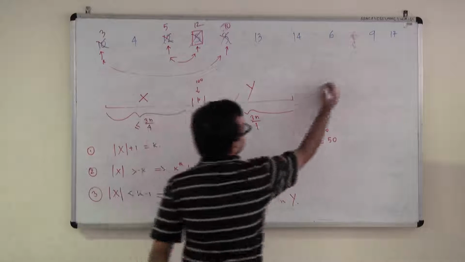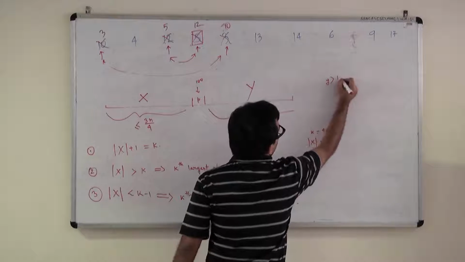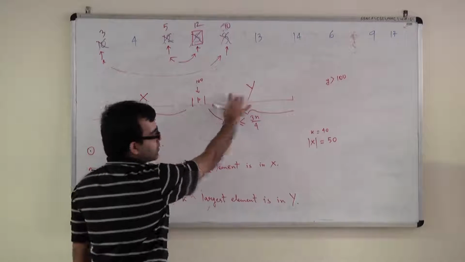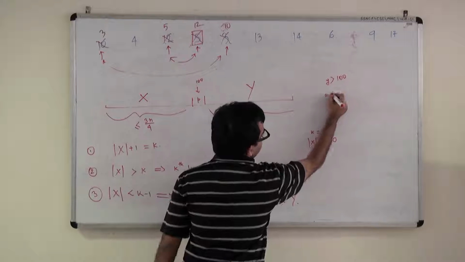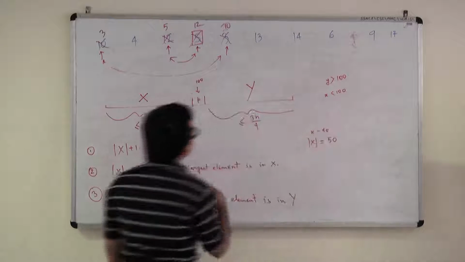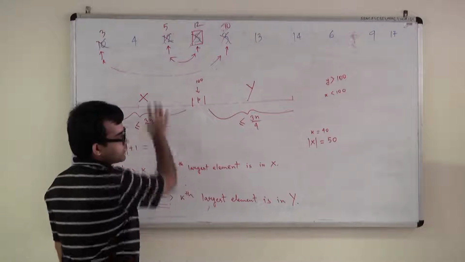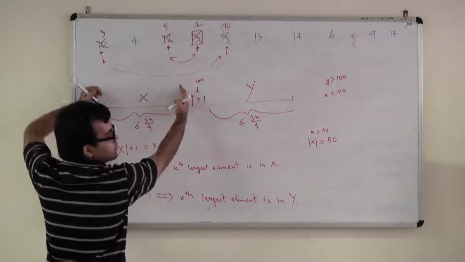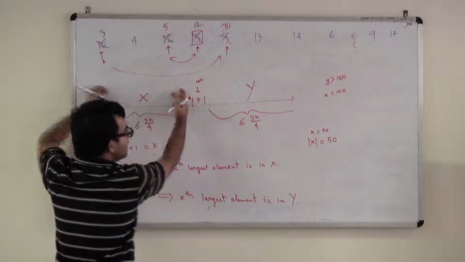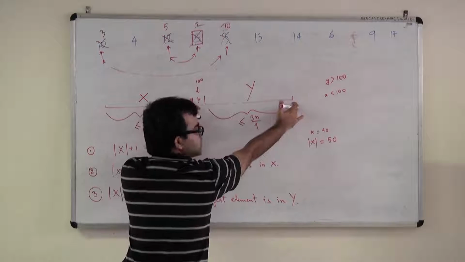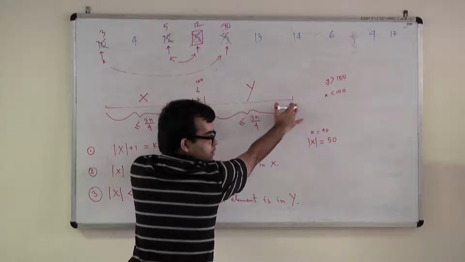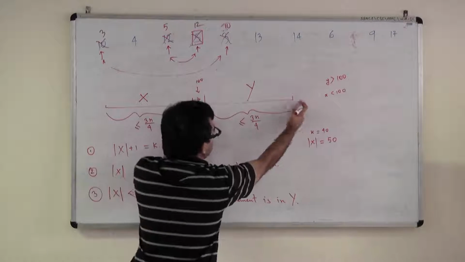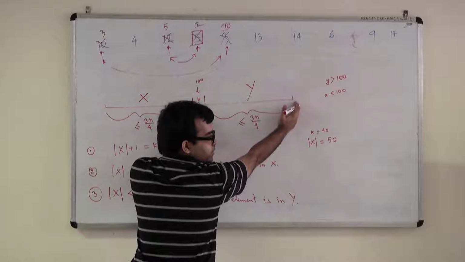So Y is greater than 100 for every Y here, and X is less than 100 for every X here. There are already 50 elements that are less than 100, and all the elements in this region are greater than 100.